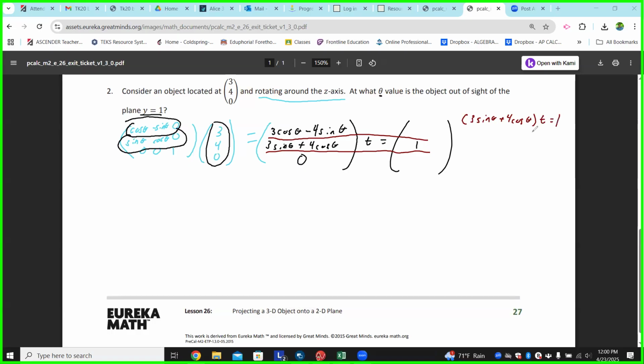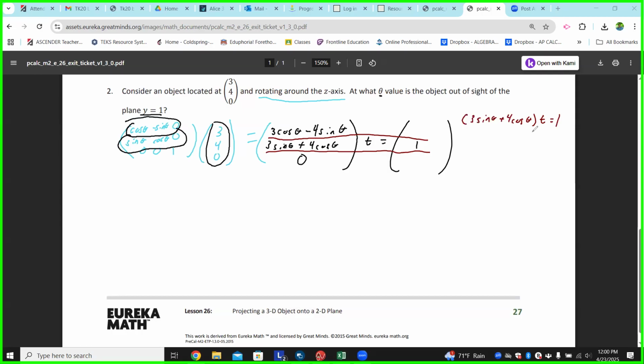Now, notice I put all of that in parentheses. The reason I'm doing that is if I actually knew what theta was, I would get a single number out of it, and then I would multiply that single number to the scalar. In this case, I don't have it, so I'm going to keep it in parentheses so I multiply the entire thing. So if I'm solving for t, what could I do?